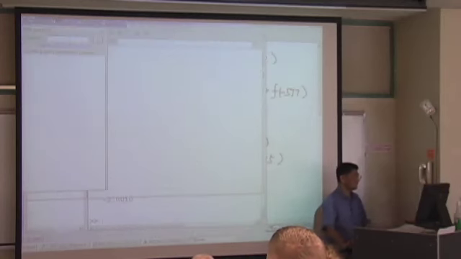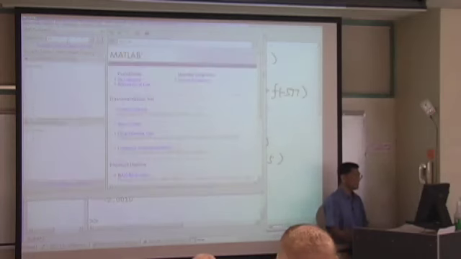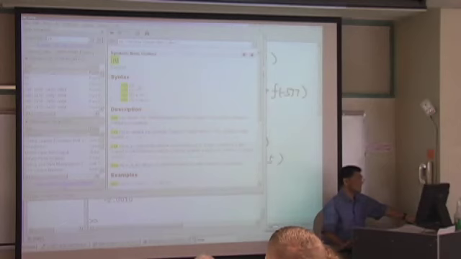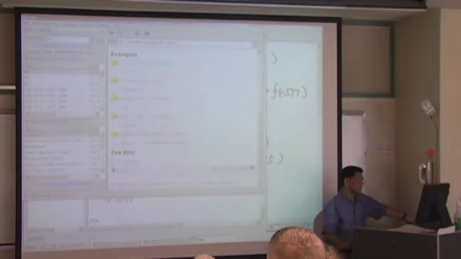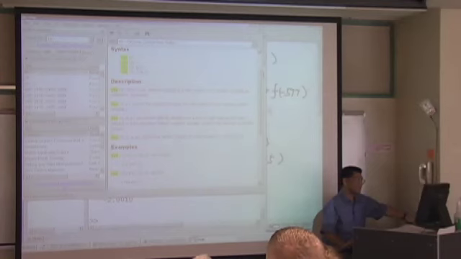Type integrate here. I don't need symbolic result, I want numeric result, numerical result. That's the symbolic toolbox. So type integrate all the way out.